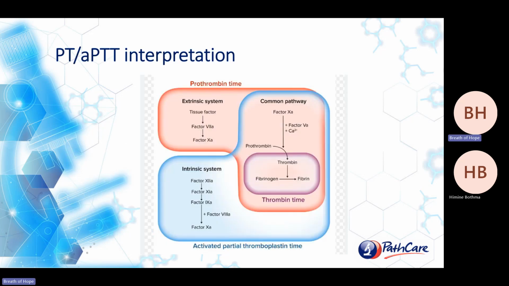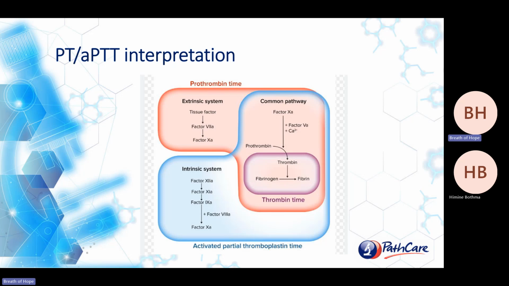So again, this is just a different format of the coagulation pathway that I showed you earlier, highlighting which tests to use. The purple one is the thrombin time, which will give you an idea of your fibrinogen, the conversion from fibrinogen to fibrin, and can pick up any disorders there.